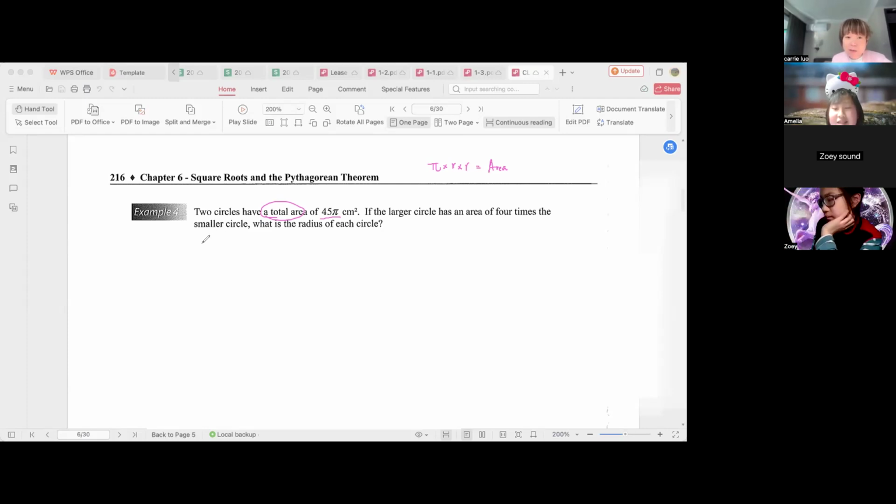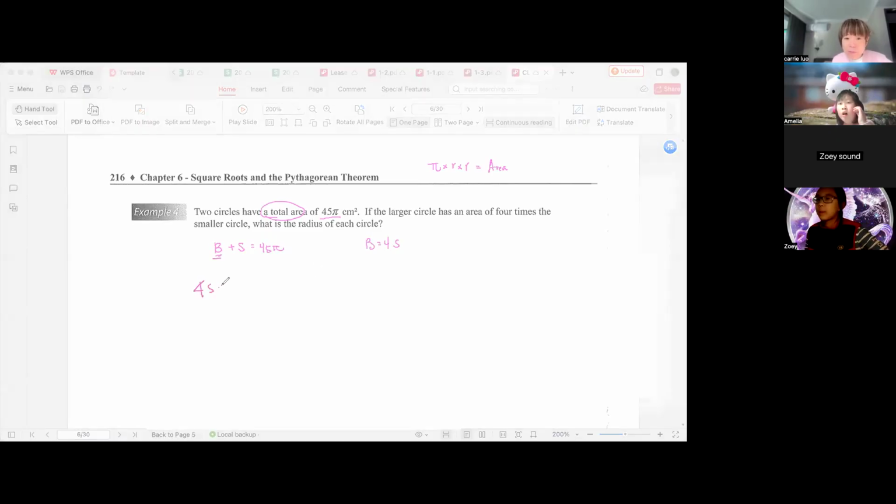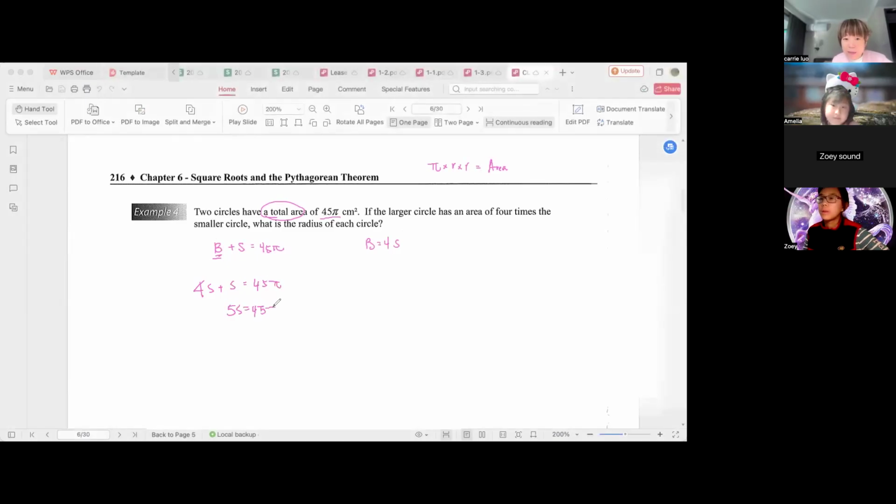Amelia 还在想是不是啊？那我们来看看。So there's a bigger circle and a smaller circle, and plus together equals 45 pi, right? Did you have this one, Amelia? The larger circle has an area 4 times the smaller one. So the big one equals 4 smaller ones, correct? So we can replace the bigger one by 4s, plus s equals 45 pi. So 5s equals 45 pi. 4s plus 1s equals 5s. So s equals what? Equals 9 pi.